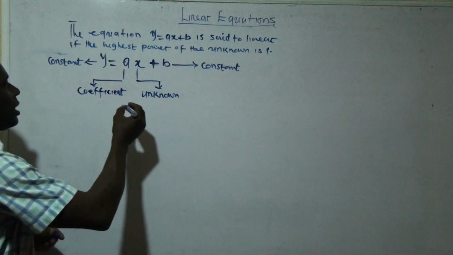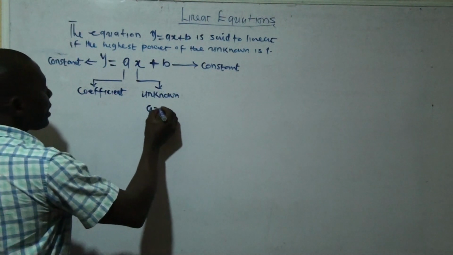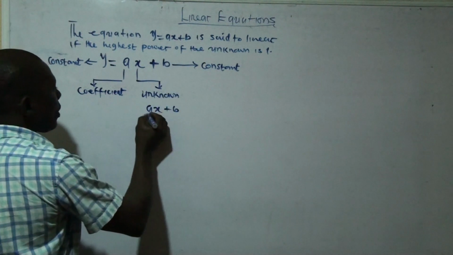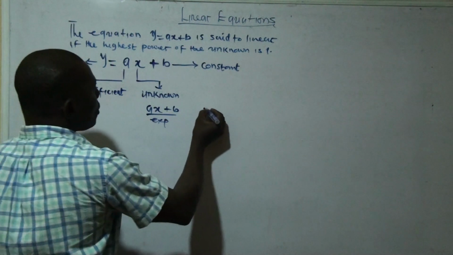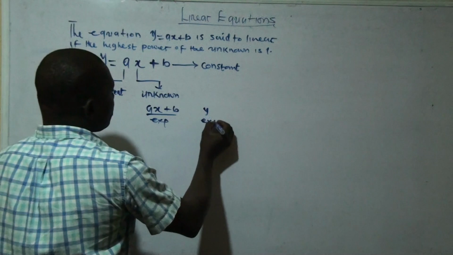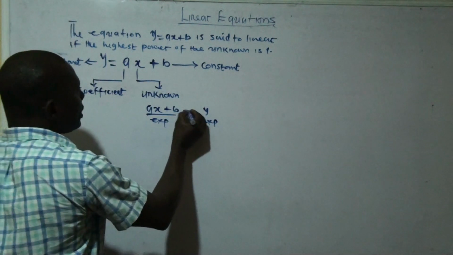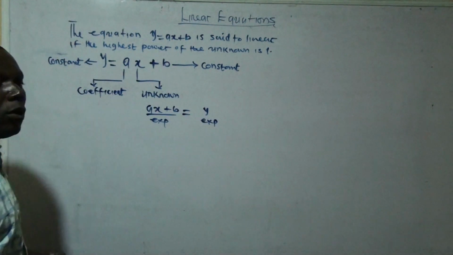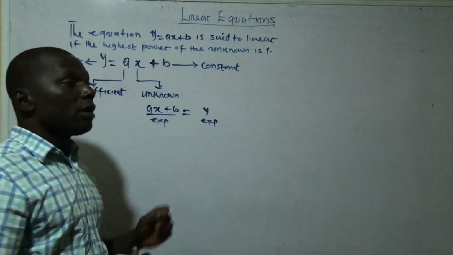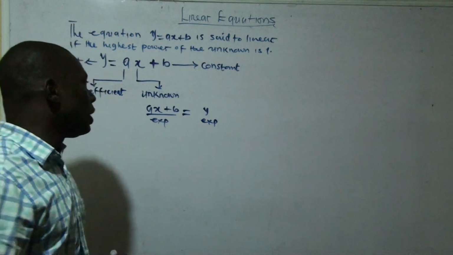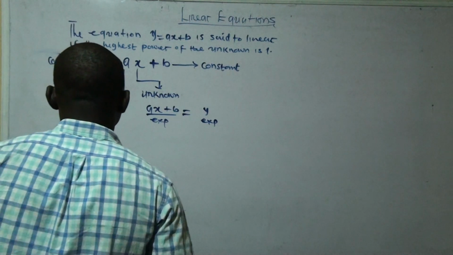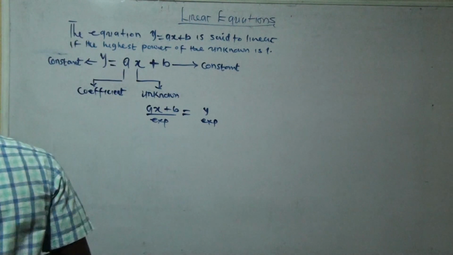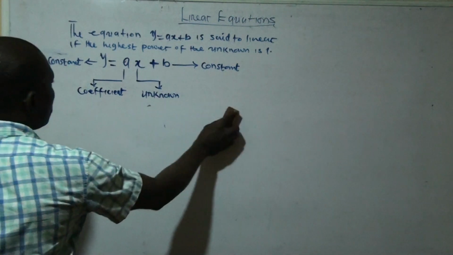For instance, this ax plus b here, we can call an expression, and y on its own we can also call an expression. By the time we put this sign here, they are no longer expressions but are transformed into an equation. So equations are formed from expressions. Expressions give rise to equations.